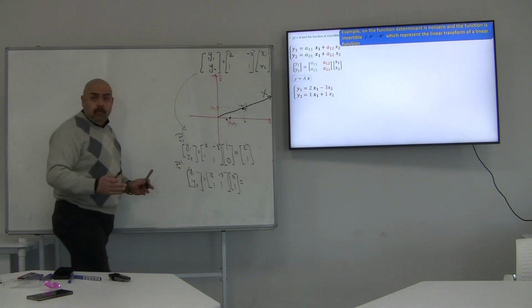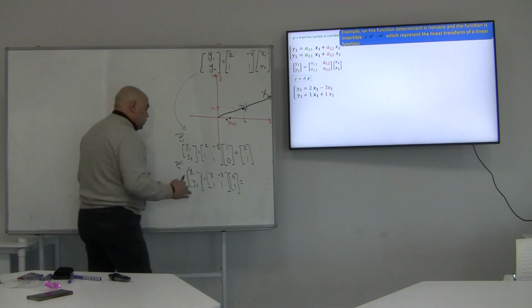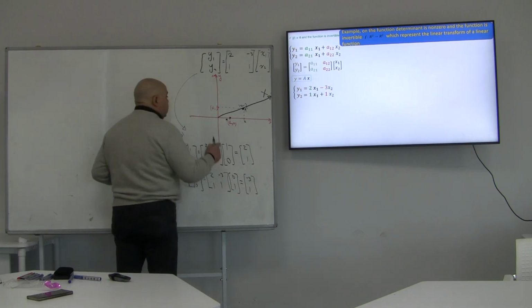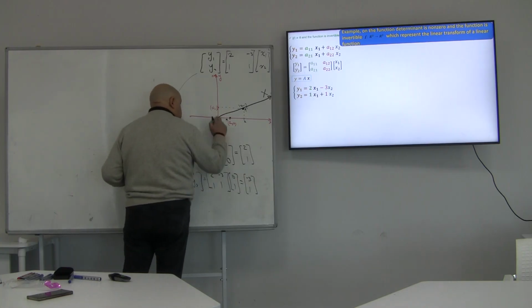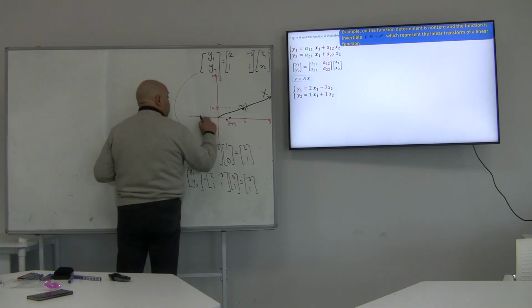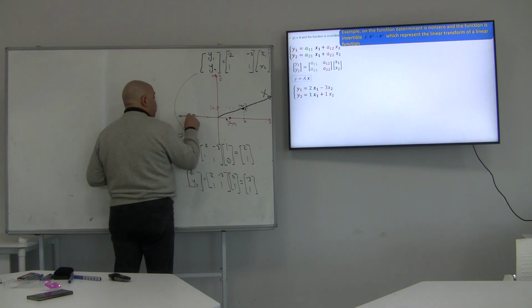Once you do so, you will have the second column, which is negative 3 and 1. So instead of representing 0 and 1, this point will be moved to negative 3 and 1. So I will go here, this is negative 1, negative 2, and this is negative 3.